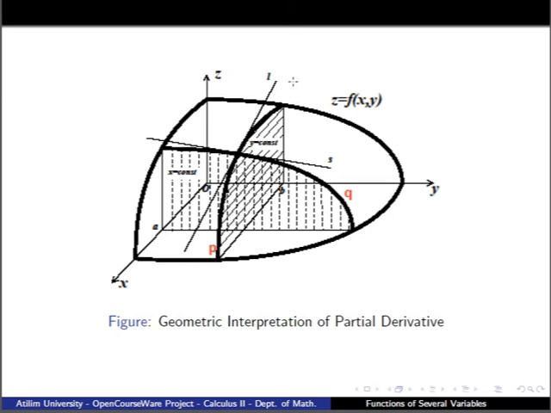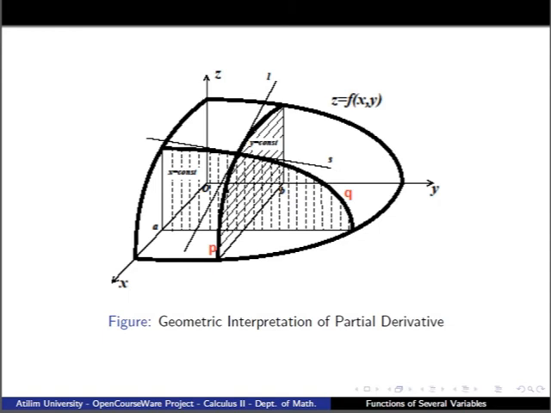And if we consider the tangent line L to this curve P at the point x equals a, the slope of this tangent line is the partial derivative of f with respect to x at the point (a, b).